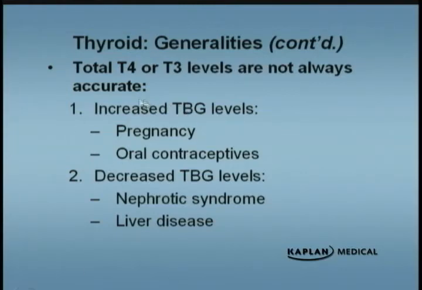It's increased in any case where protein and thyroid binding globulin levels are elevated, as in pregnancy and oral contraceptives, and it's decreased where thyroid binding globulin levels are decreased, like in nephrotic syndrome and liver disease. So the total T4 and the total T3 are misleading. They could fluctuate with the total amount of protein in the body, so we don't want to look at that.